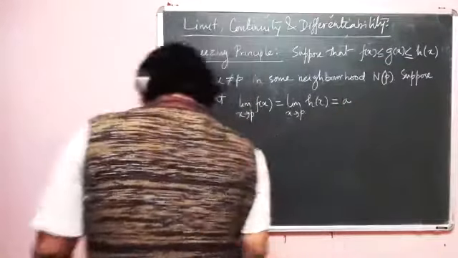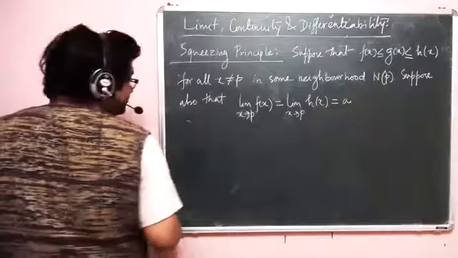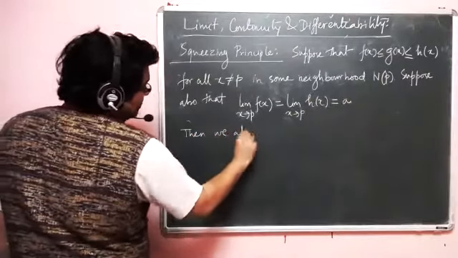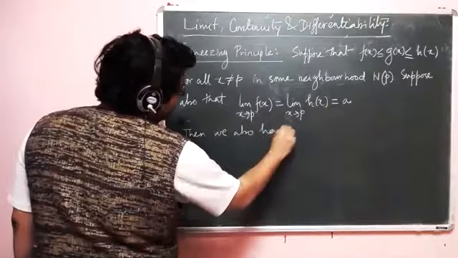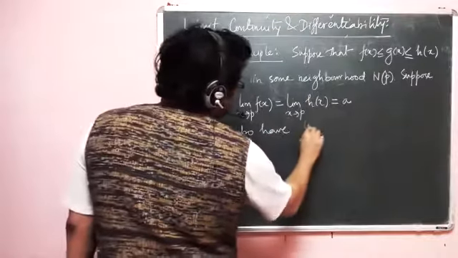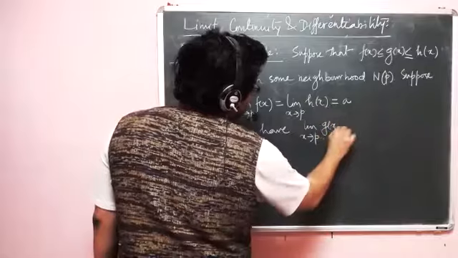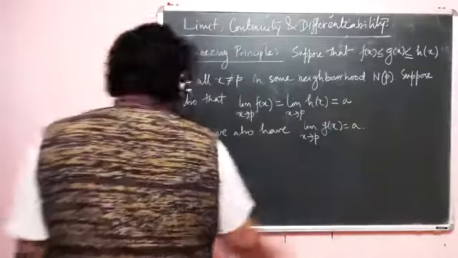Okay, a is a number basically. Then we also have limit x tends to p g of x is equal to a.